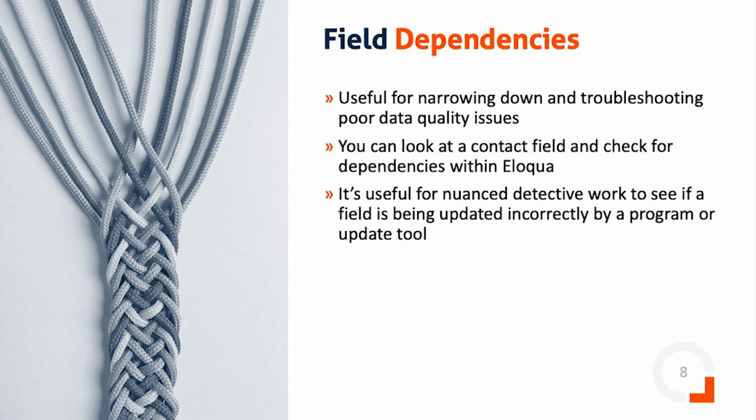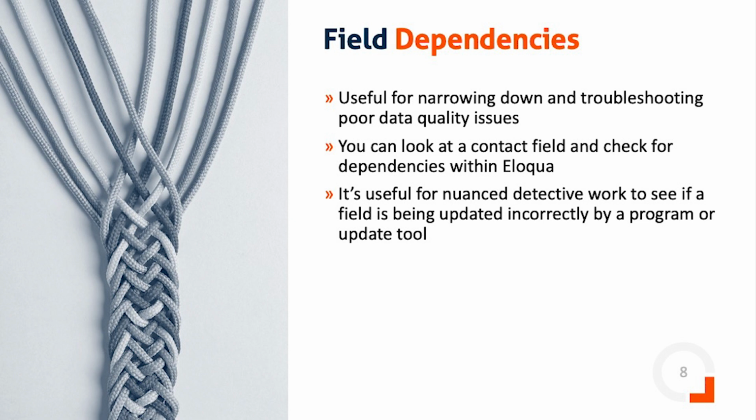And then, of course, there are lots of other places where you can check dependencies throughout the tool beyond just field dependencies. But this can be a way for you to do a little bit more nuanced detective work if you, say, suspect there's an update rule or something out there doing something that it's not intended to do.